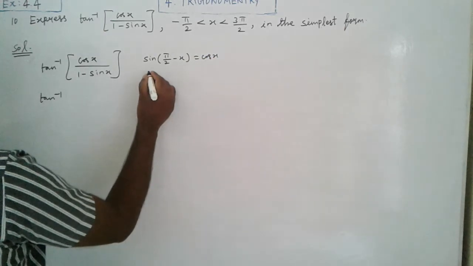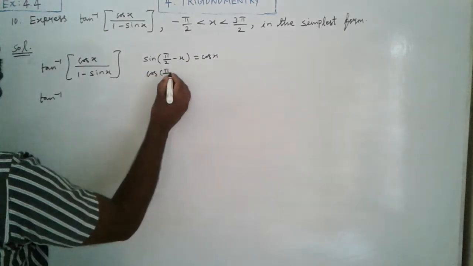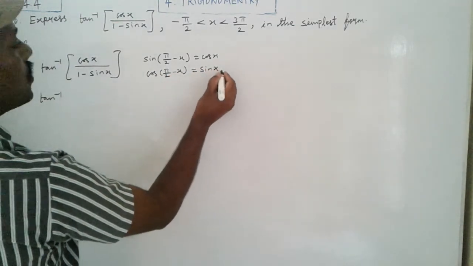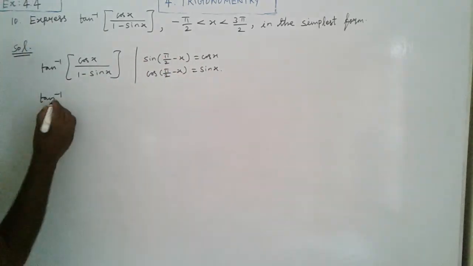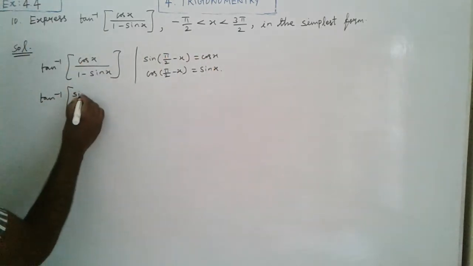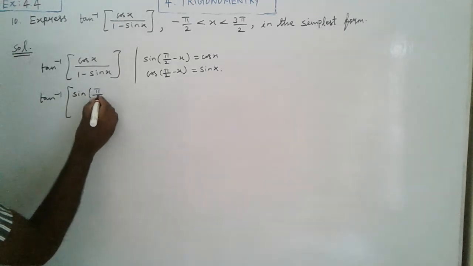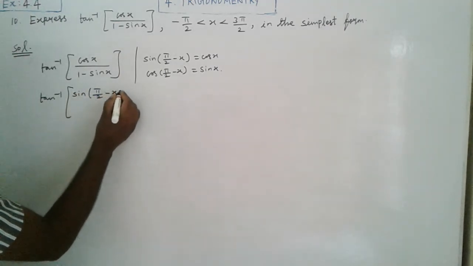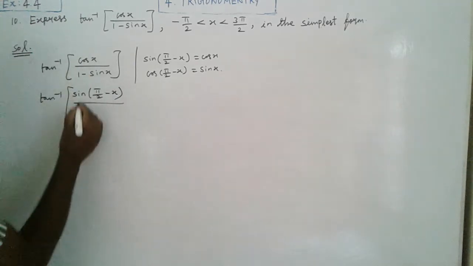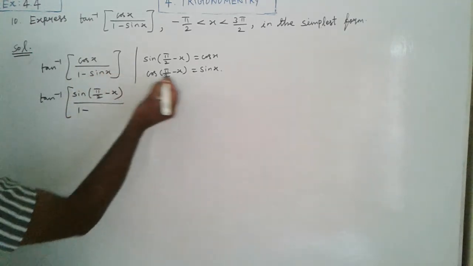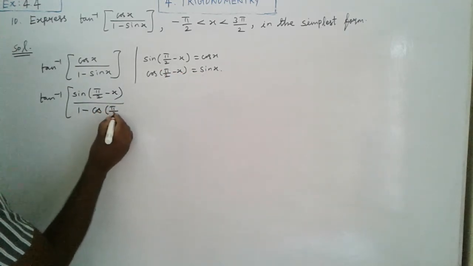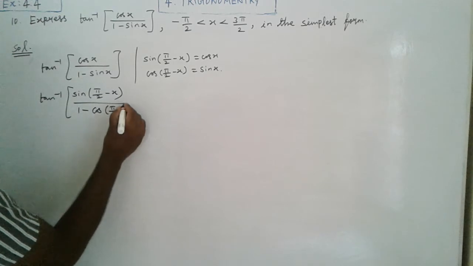Next, cos of pi by 2 minus x is sin x. So cos x is sine of pi by 2 minus x, and 1 minus sin x is 1 minus cos of pi by 2 minus x.